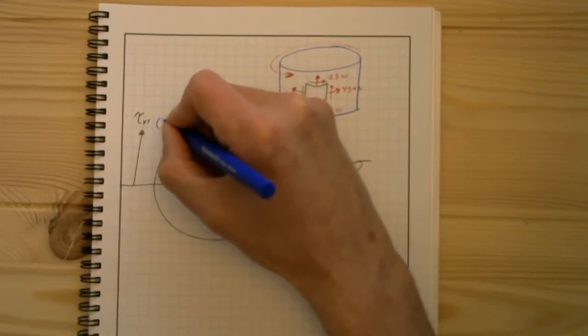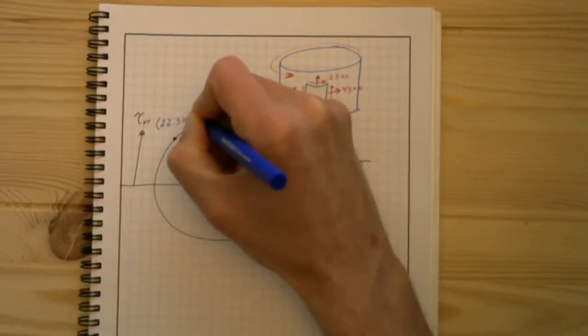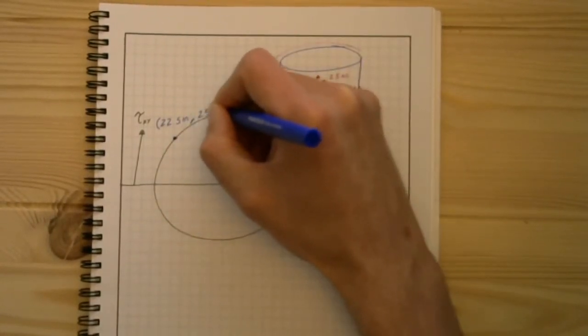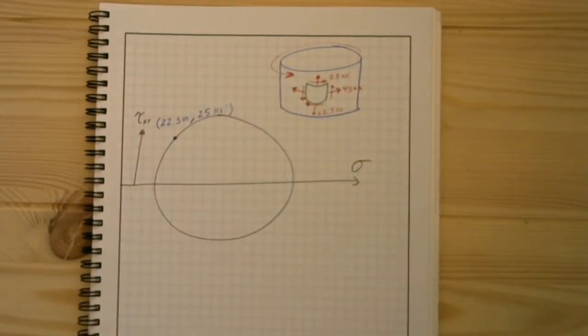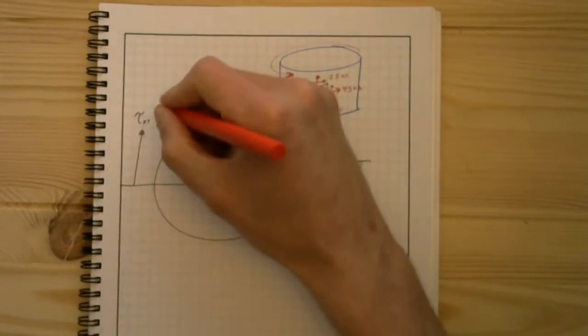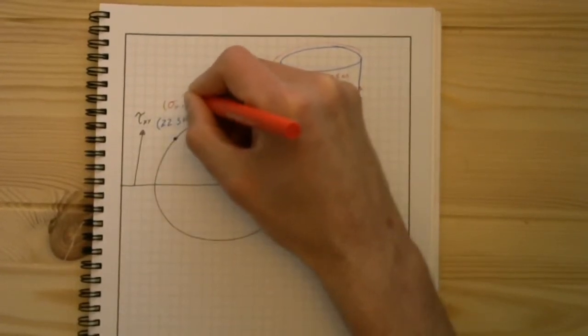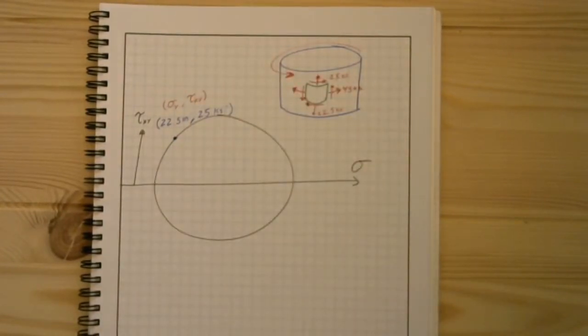So that's going to be positive 22.5 KSI, comma, positive 25 KSI, because this is normal stress in the y direction, shear stress.